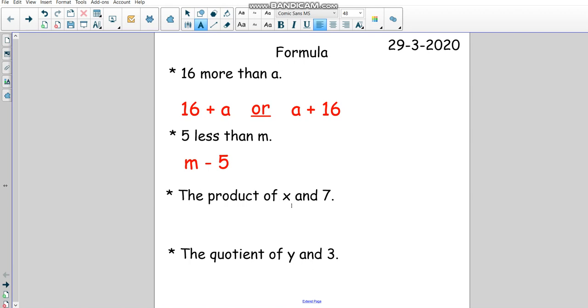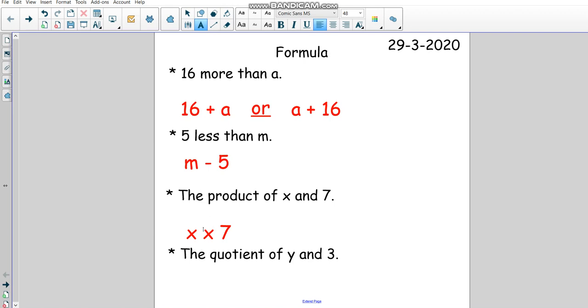We never write the multiplication sign because it looks like letter X. I need here the product of X and 7. Can I write it X times 7? Completely wrong. I cannot actually read this in algebra.